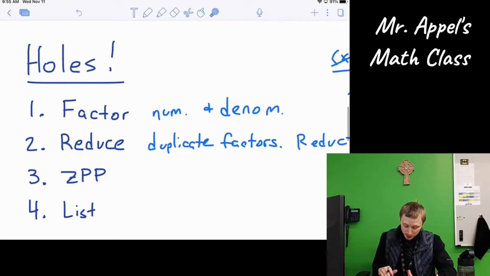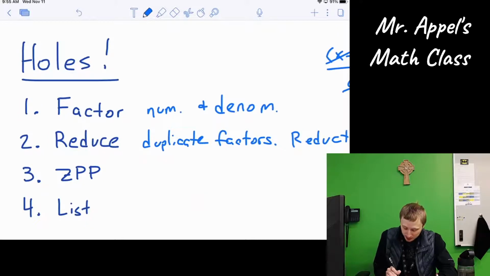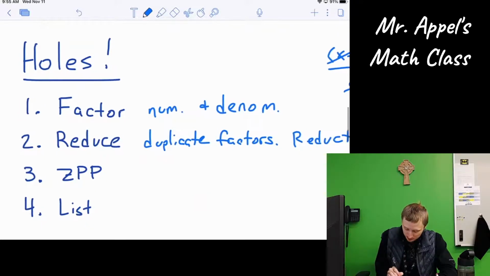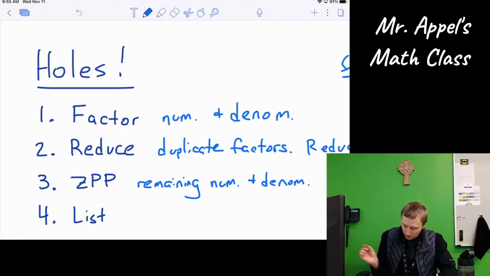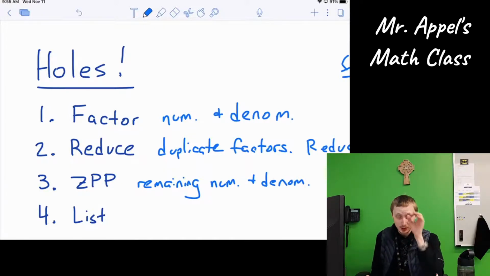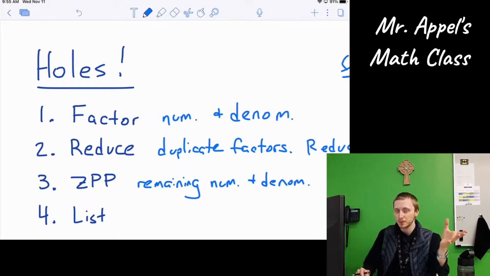Then take your remaining numerator, denominator, and apply ZPP on those guys. Solve those, zero product property, right? Take each factor, set equal to 0, solve for x.